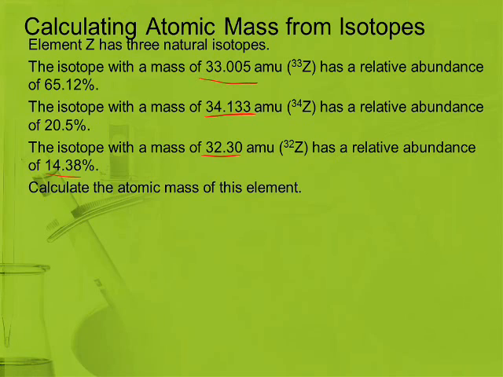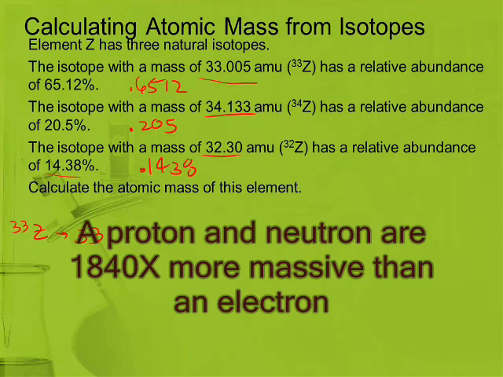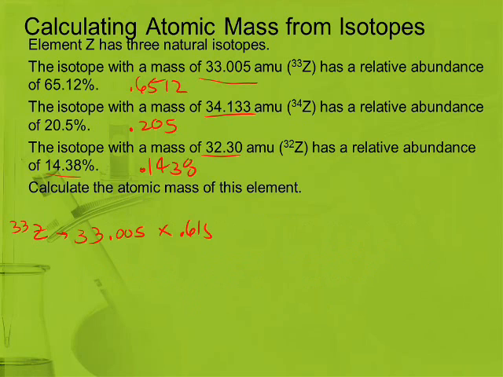What I'm going to do is take that and put it into a decimal. So that's going to be 0.6512. This will be 0.205. This will be 0.1438. And I multiply this number times the atomic mass. So for Z33, I multiply 33.005 times 0.6512.